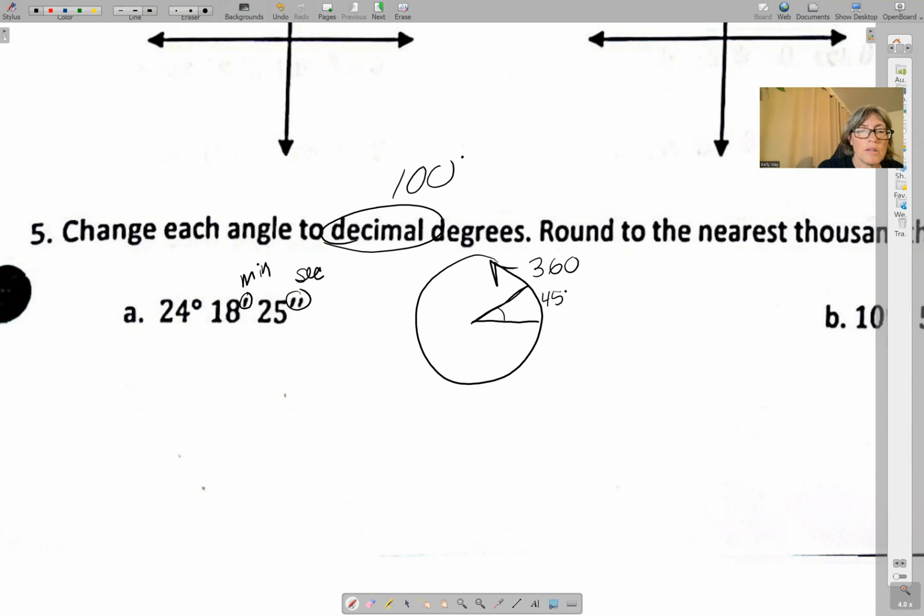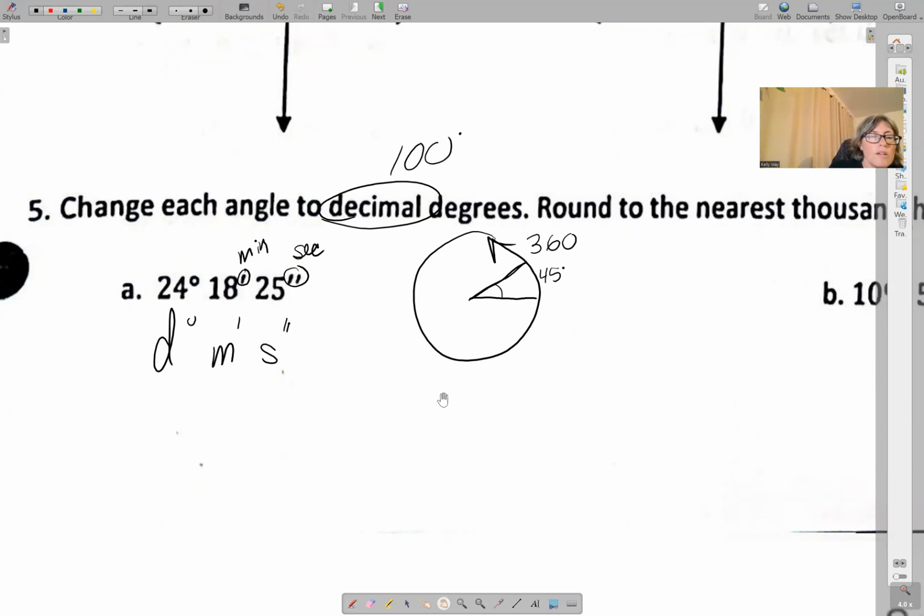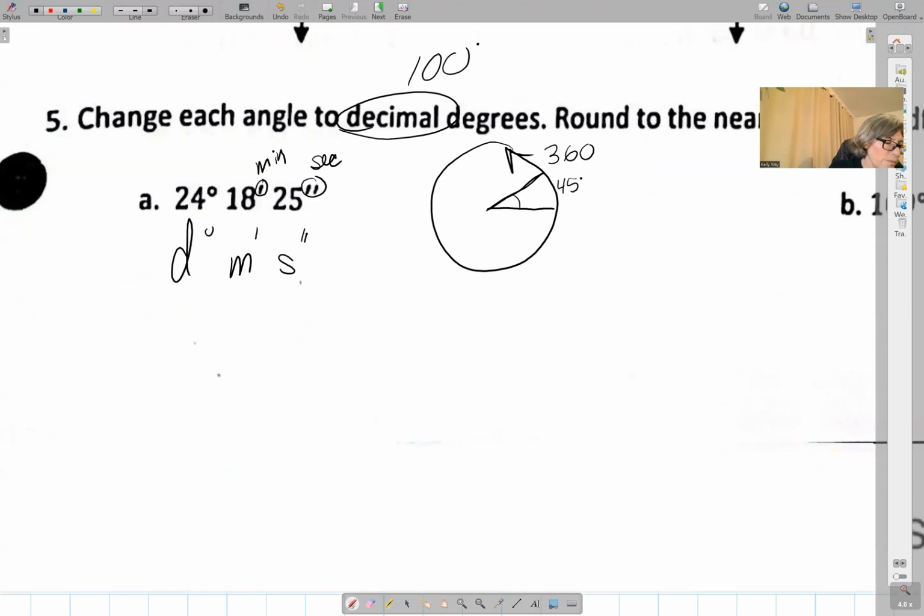This means second. So if I have a 24 degree, 18 minute, 25 second angle, so that's like little slivers of angles, the basic equation is degrees, minutes, seconds. So to translate, you're going to use this equation.